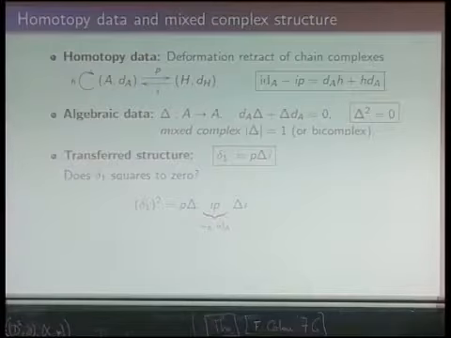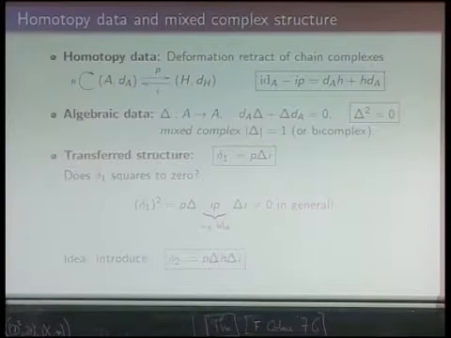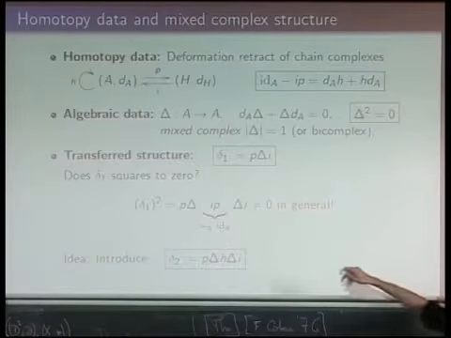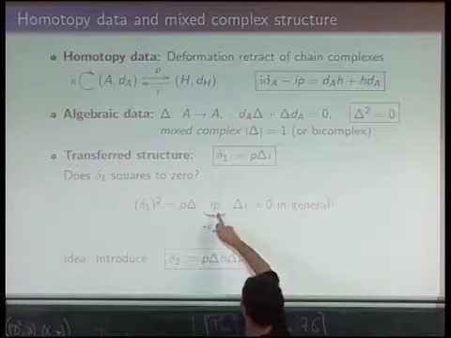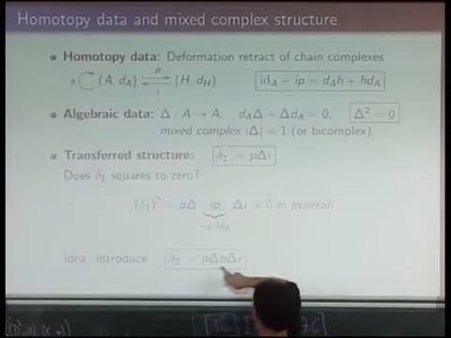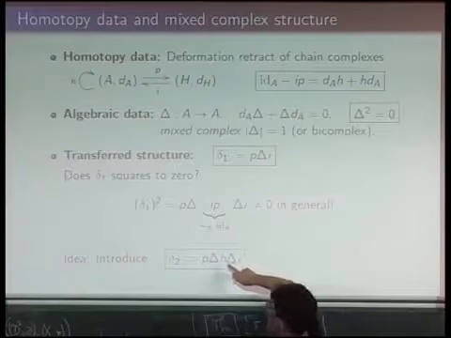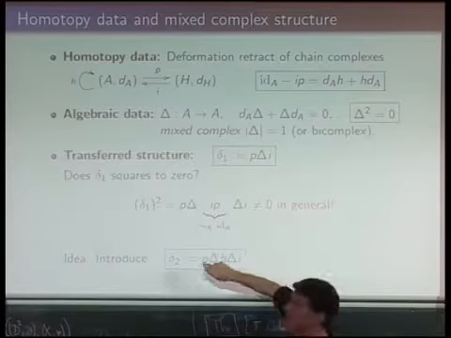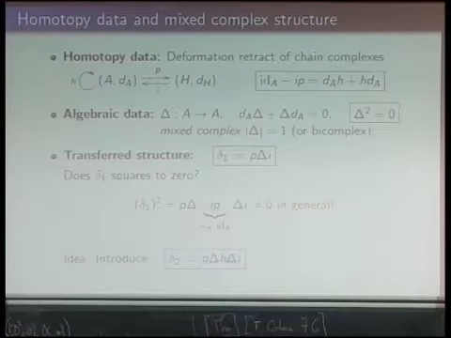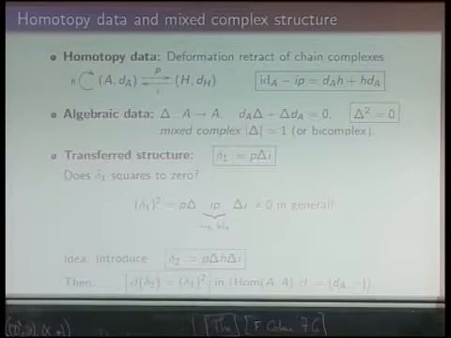So a new world is appearing here. It's not 0. But still, this transferred structure shares a nice algebraic structure. So what can you do? Here there is a failure. This is not the identity. So let us consider this operation: I, delta, H, the homotopy, delta and P. And then what can we say about small delta 2 and small delta 1?